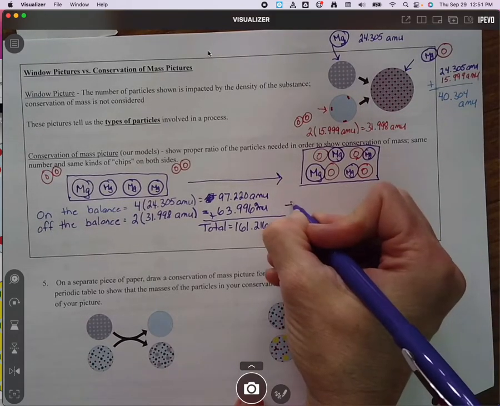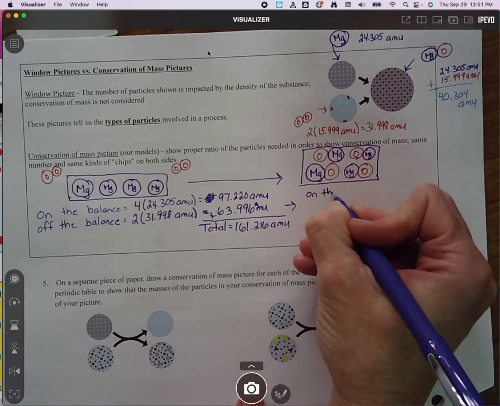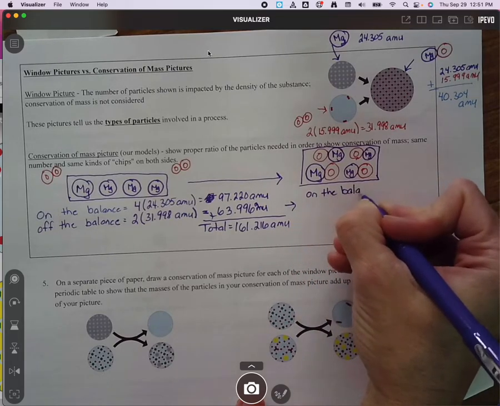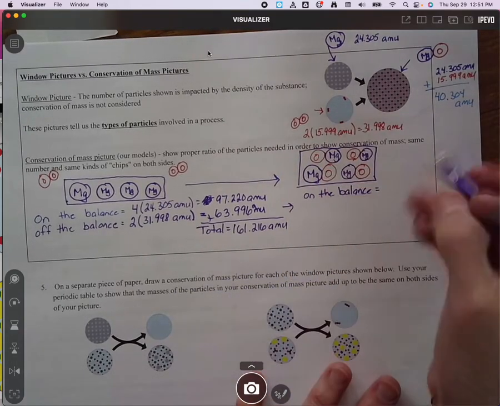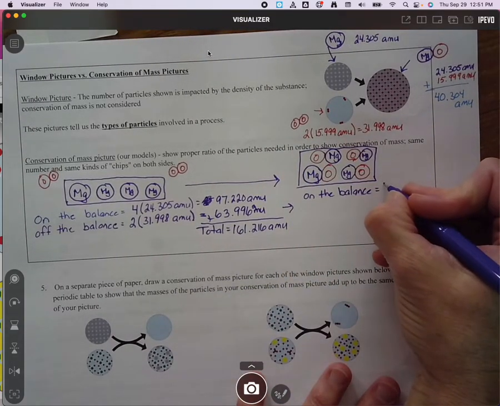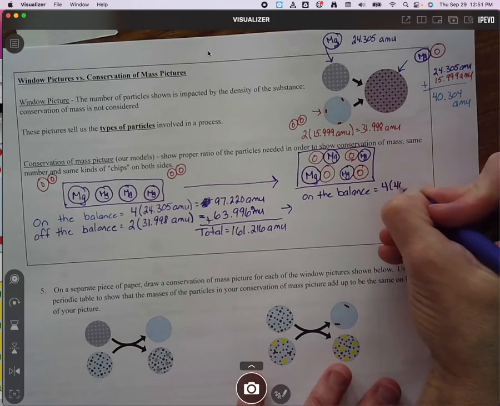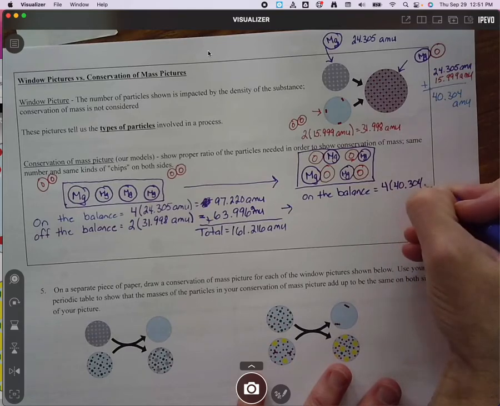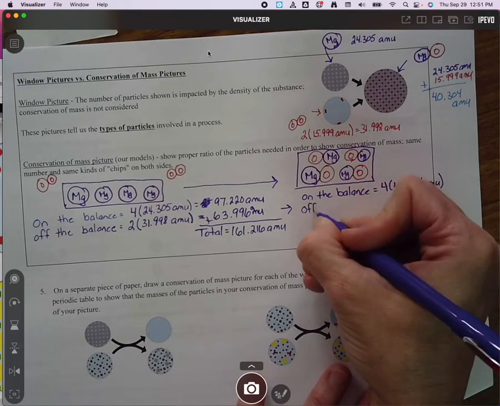When we get to the other side of this mess, how much of this could we capture on the balance? All of it. You dropped all of it onto the little dish when you were doing the lab, so all of this is capturable. I have 4 of the MgO pieces at 40.304 AMUs each. And there's nothing left off the balance.